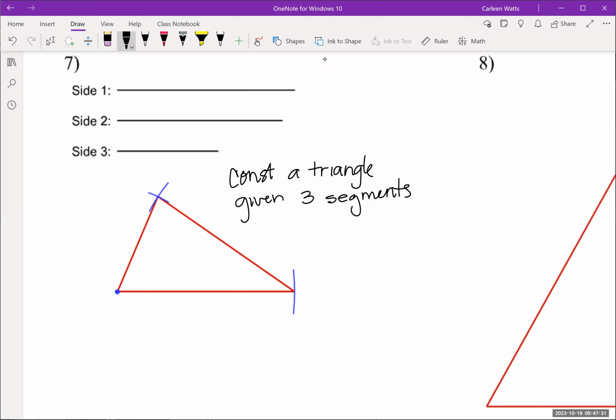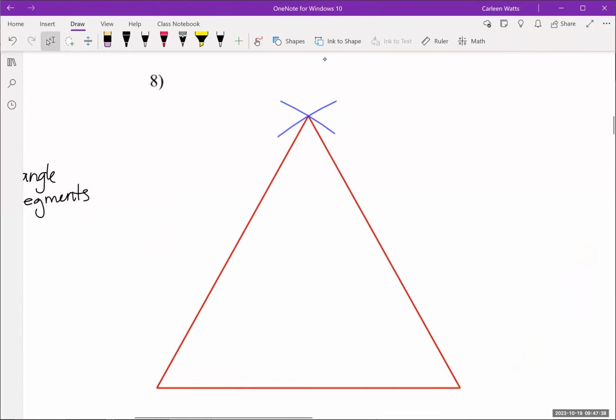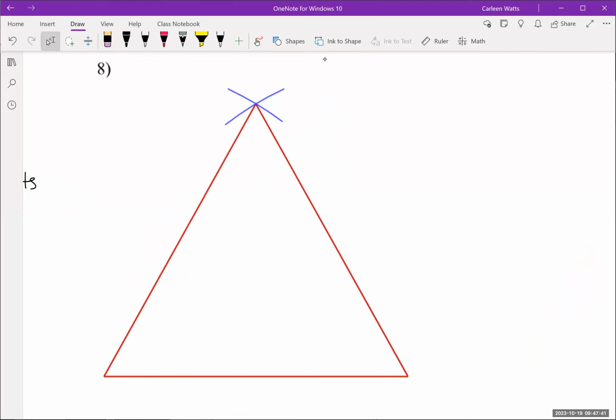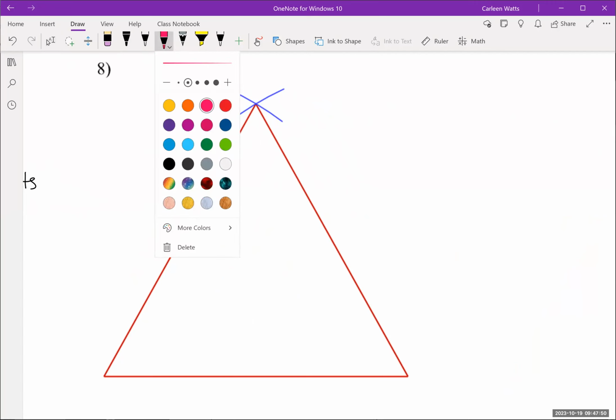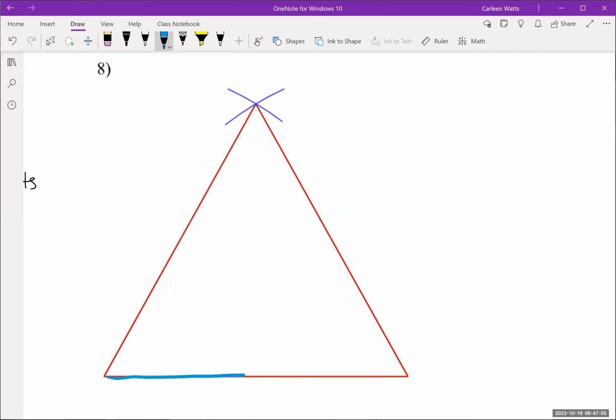Alrighty. We're going to move on. Number 8. There were no black lines, no black dots. Okay. So I took my ruler and I drew a line. And then I took my compass and I measured the length of the line.